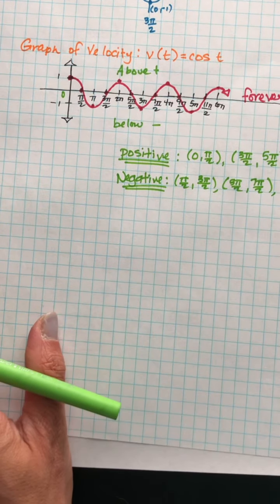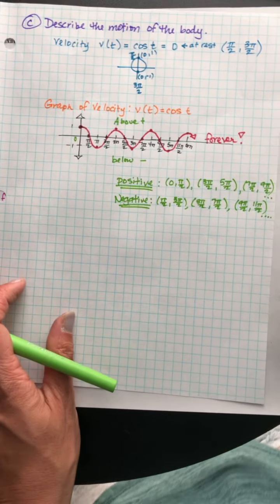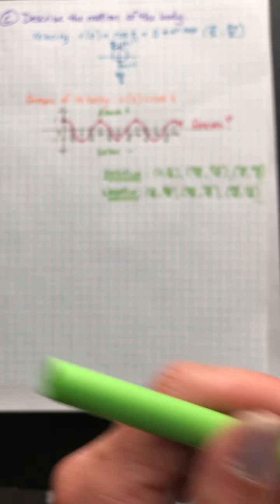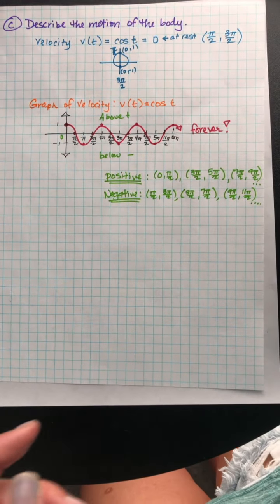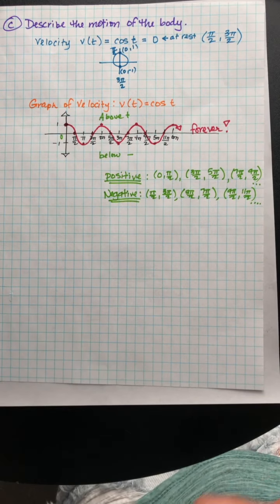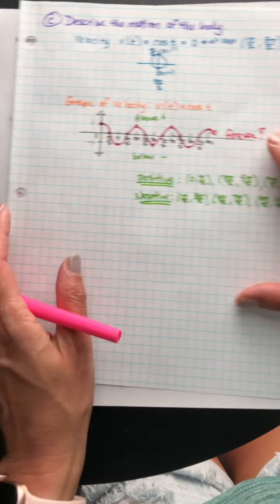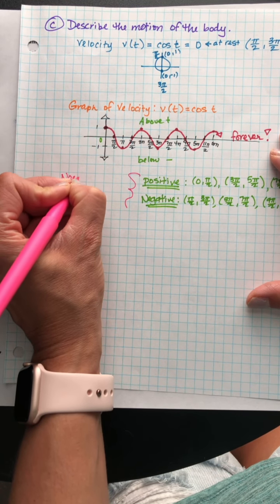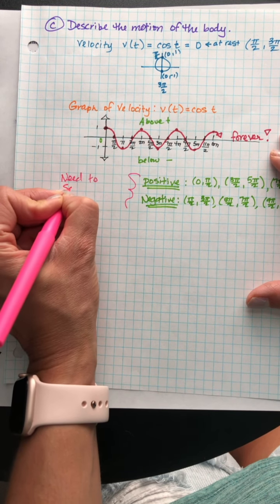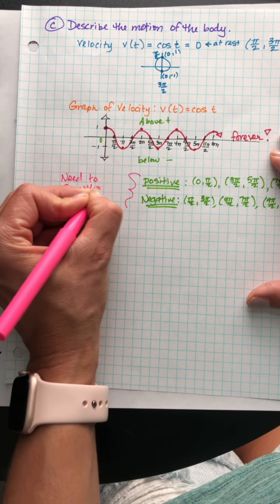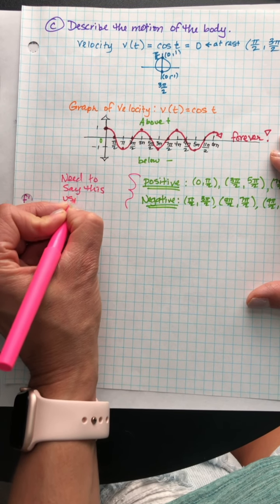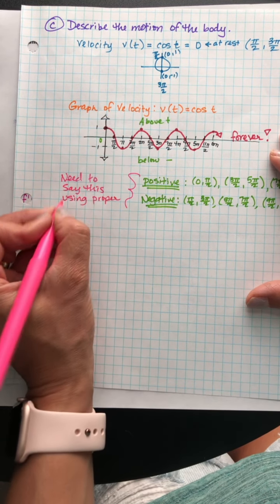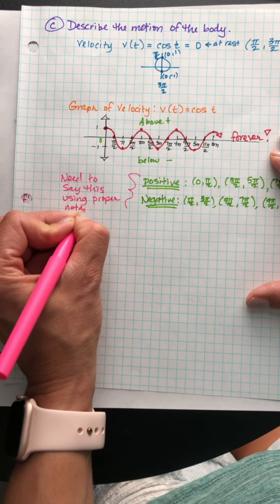Okay. Well, this isn't enough to say it this way. We have to write it using proper notation. So we have to get a little geeky with our notation. Okay. So let's write ourselves a note that we need to say this using proper notation.